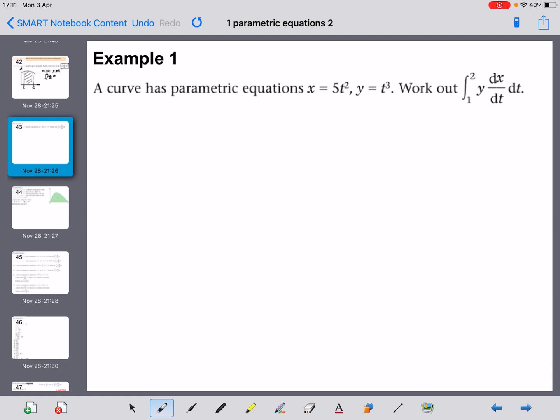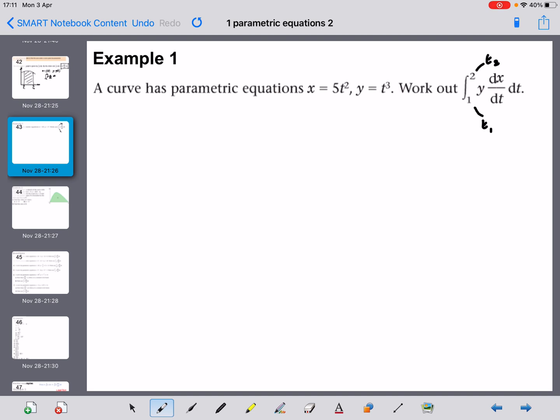So here's the first one. A curve has parametric equations x equals 5t squared, y equals t cubed. Work out the integral of y dx by dt, dt, from 1 to 2. So these are our t limits, already values for t.